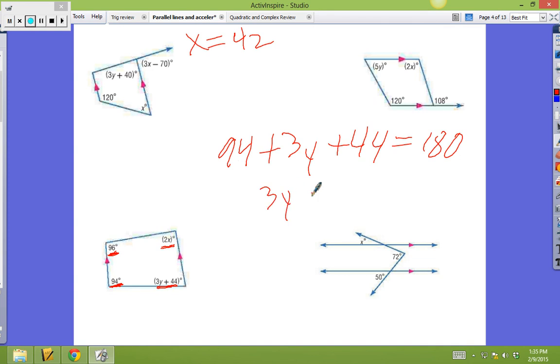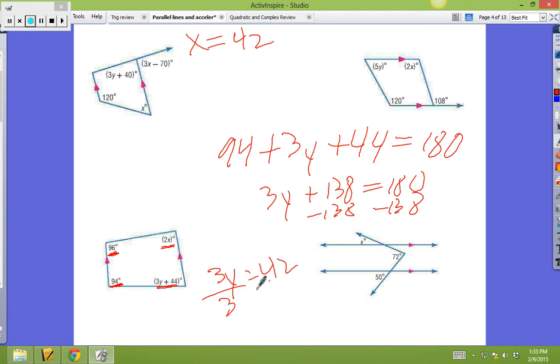So my 3y plus 138 has to give you 180. So minus the 138, minus the 138. So the 3y equals 42. Then divide by 3, divide by 3. So the y has got to be 14.